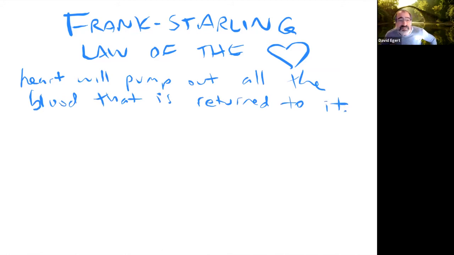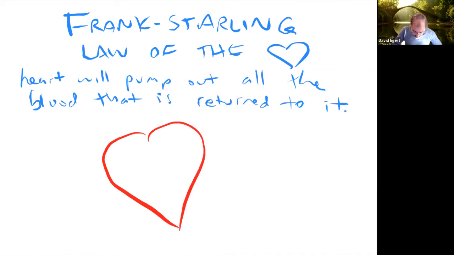And again, it's two guys. One is Dr. Frank and the other is Dr. Starling. It's not just some dude named Frank Starling, which is what I used to think. But this is going to be due to those properties of cardiac muscle that I was talking about.